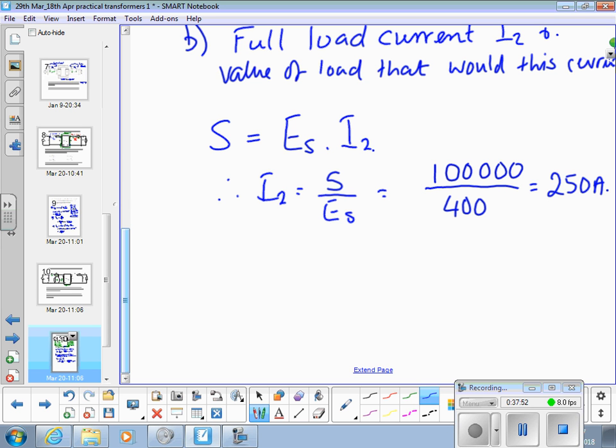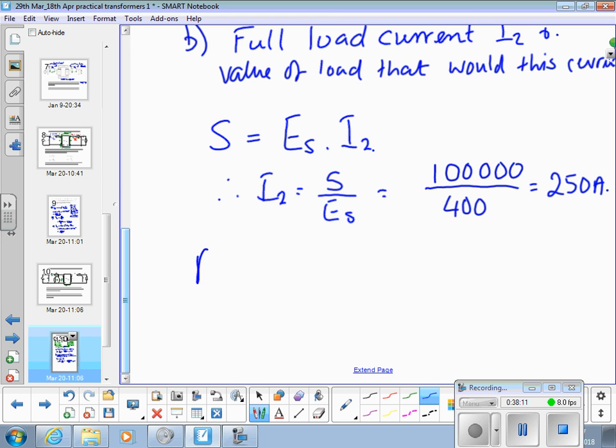Alright, so secondary current is 250 amps. Now we want to know what load, what RL, would draw that current at that voltage.